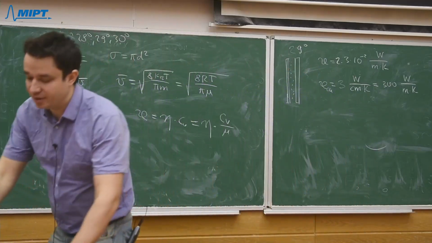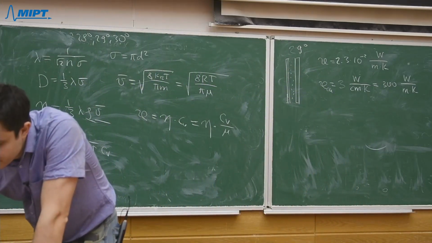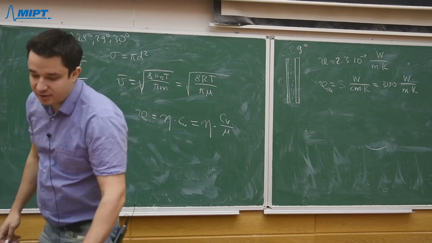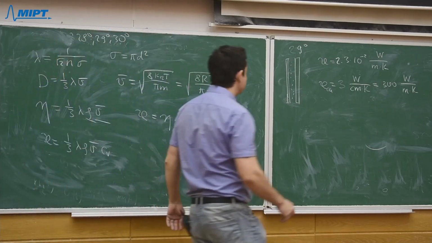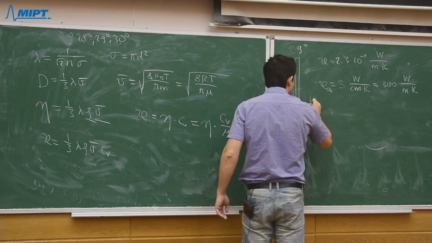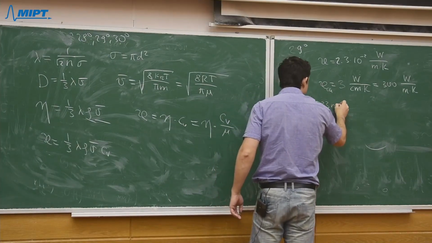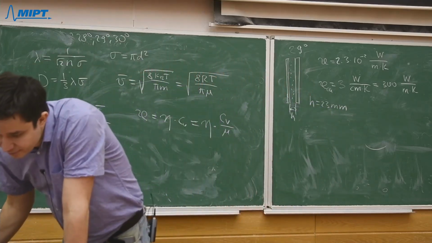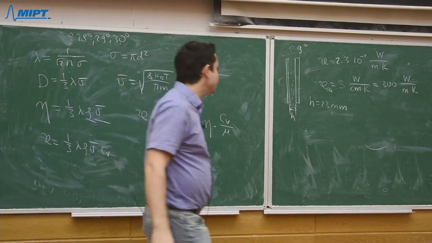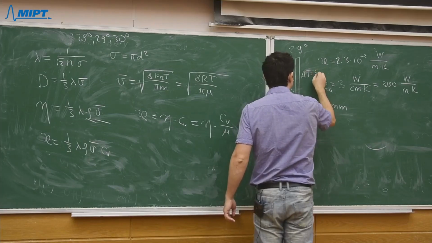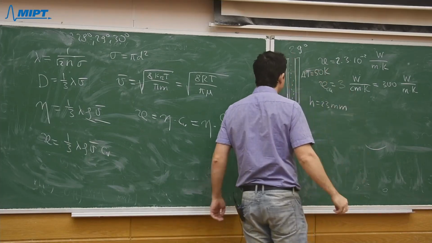And once we want to determine the heat flow, we know the distance between the glasses. So this distance is h equal to 33 millimeters. And the temperature difference between the room and the environment is delta T equal to 50 kelvins.